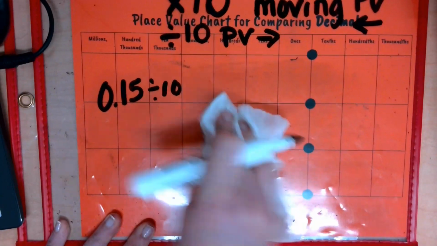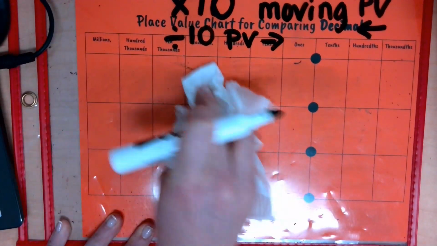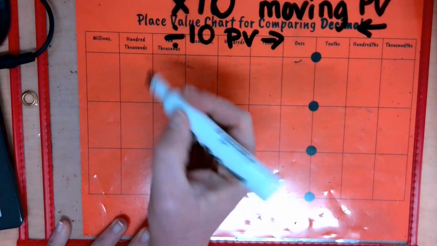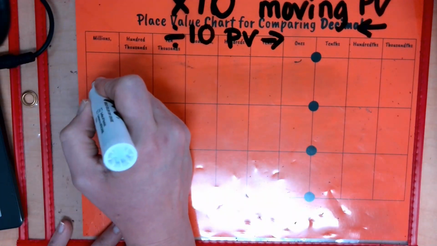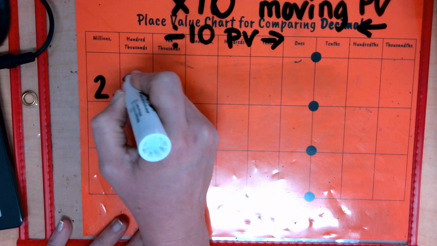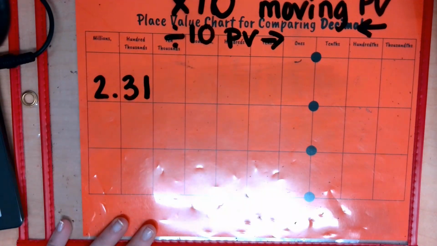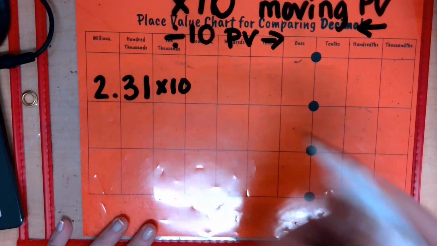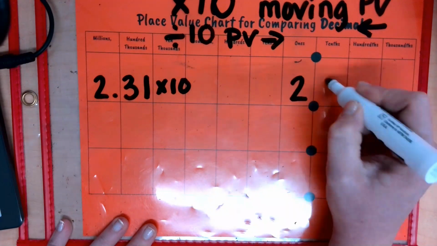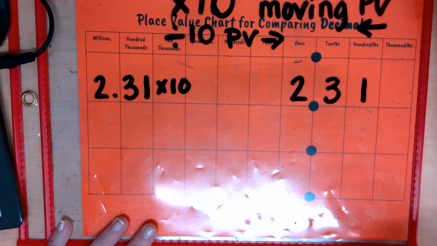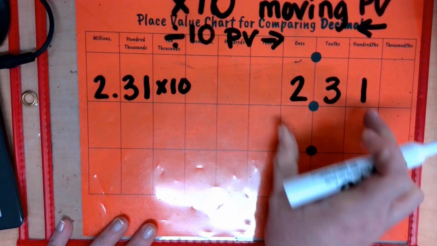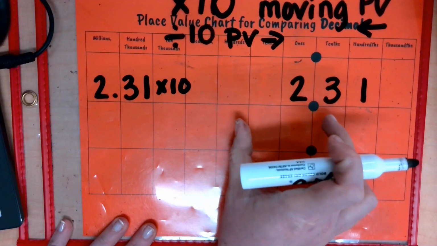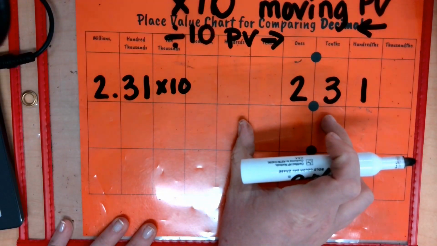Now let's look at some other numbers with multiplying or dividing by 10. I'm going to take 2 and 31/100 and multiply it by 10. So I'm starting with my 2 and 31/100 and multiplying it by 10, so I'm going to move one place value over to the left.